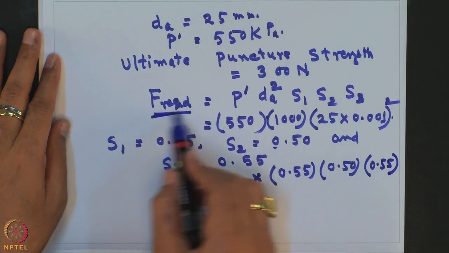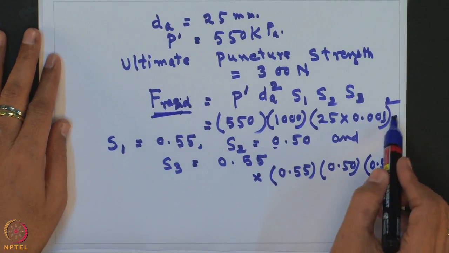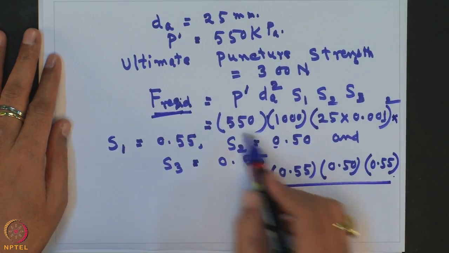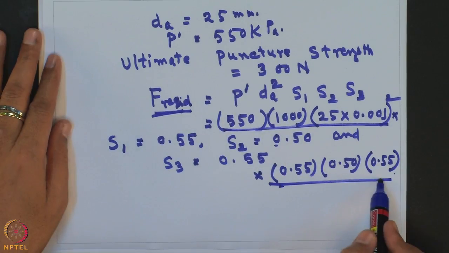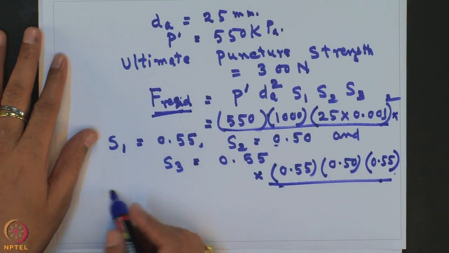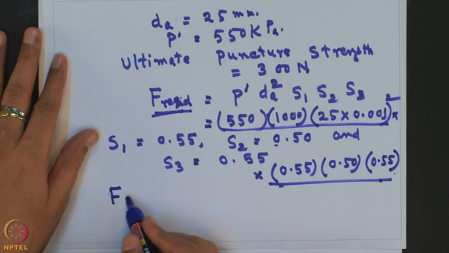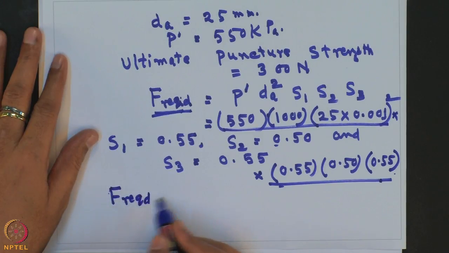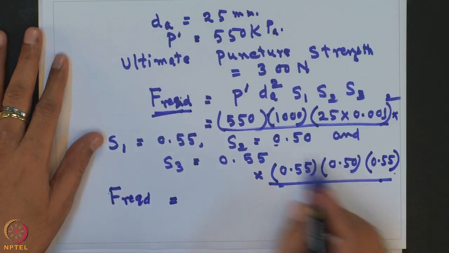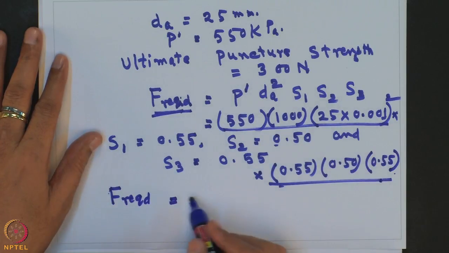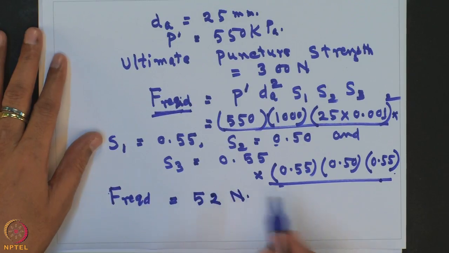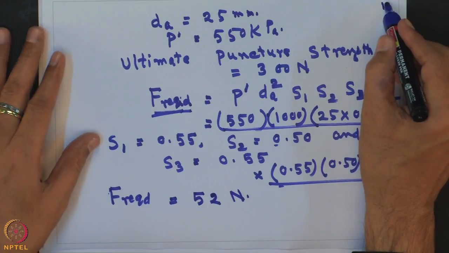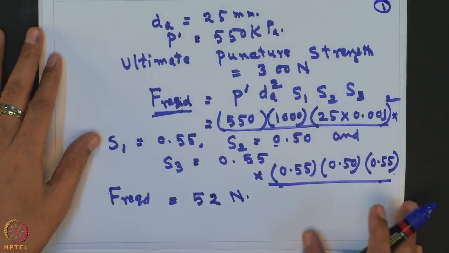From this you can calculate F required, this into this into this. If you multiply, you will have the value of 52 Newton. Okay. So, you can determine what is F required.